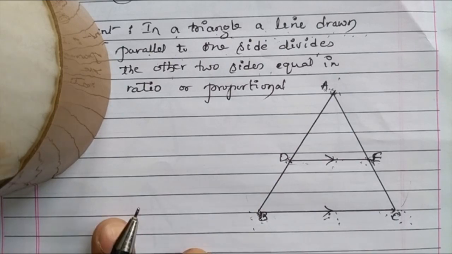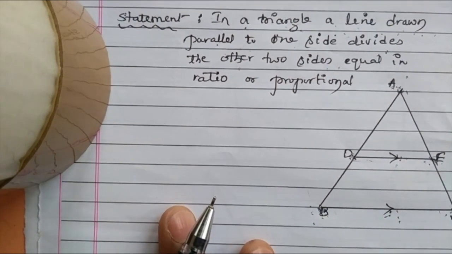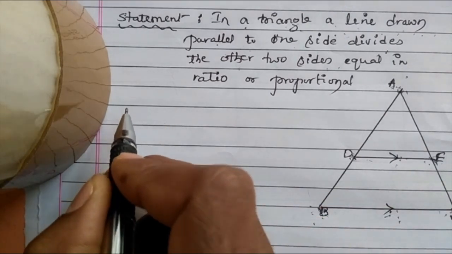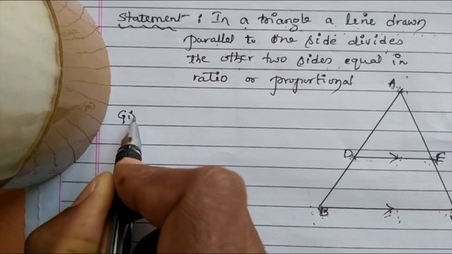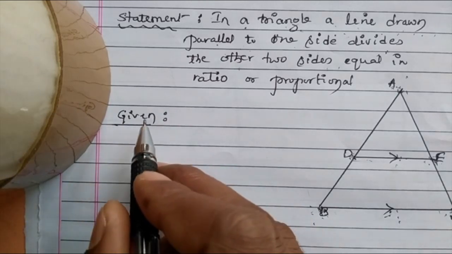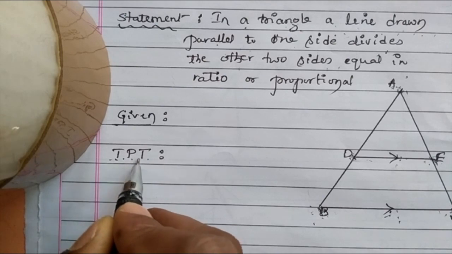So we'll follow the steps. The steps of the theorem are, to prove any theorem, follow the steps. First is given. The second one is what to prove. That is TPT, which means to prove that.